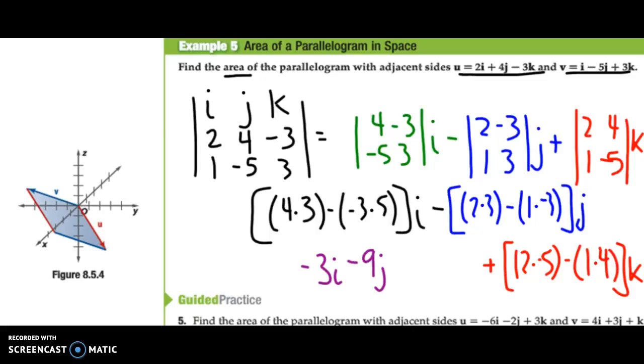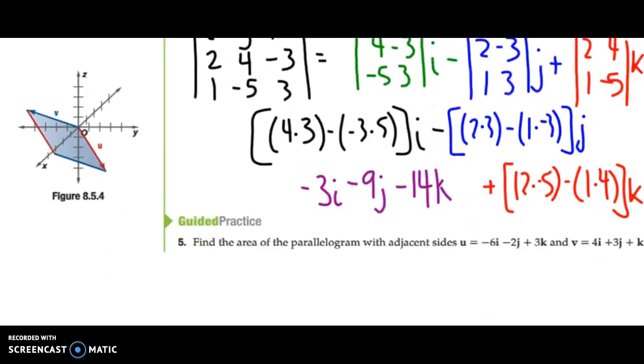And then 2 times negative 5 is negative 10, minus 4 would be negative 14. Okay, so I end up getting a vector that's negative 3, negative 9, negative 14. And we said if you find the magnitude of this vector, it'll give us the area of our parallelogram.